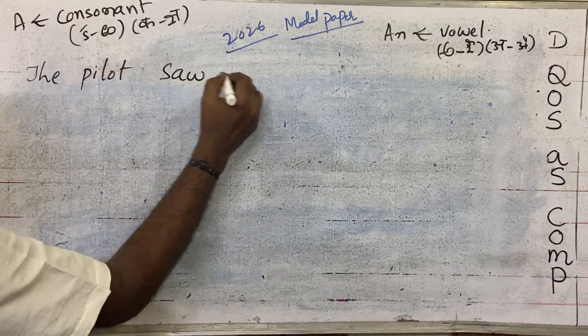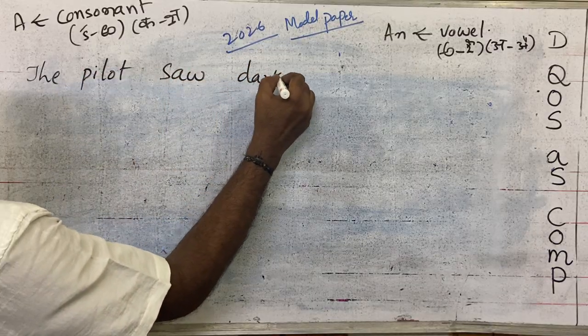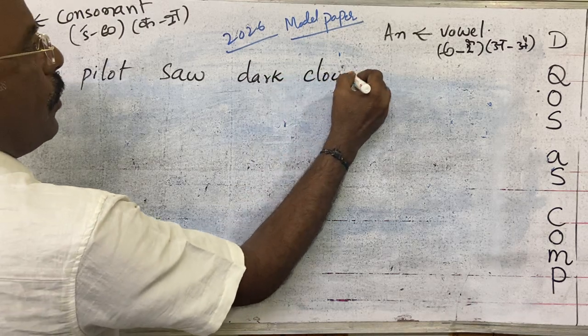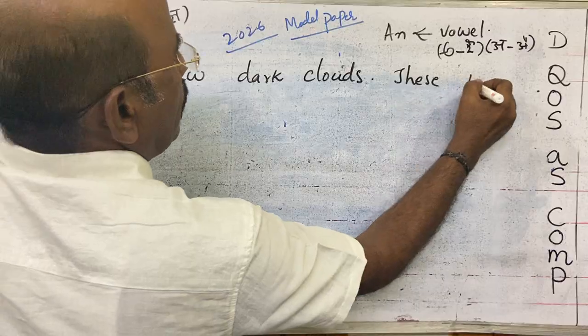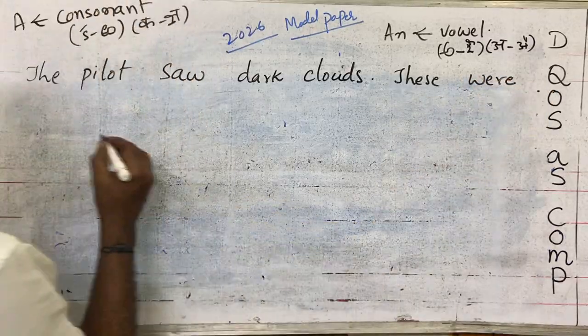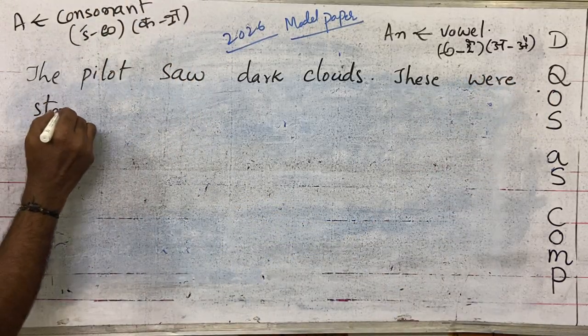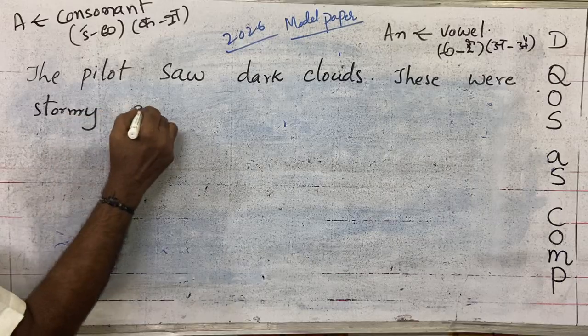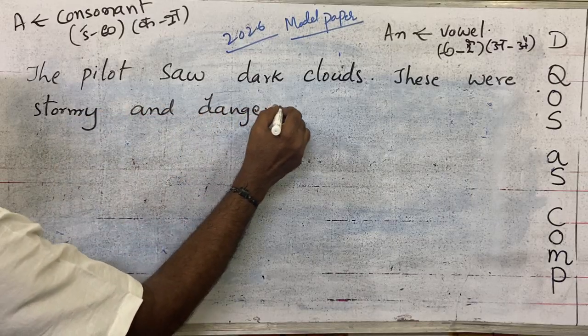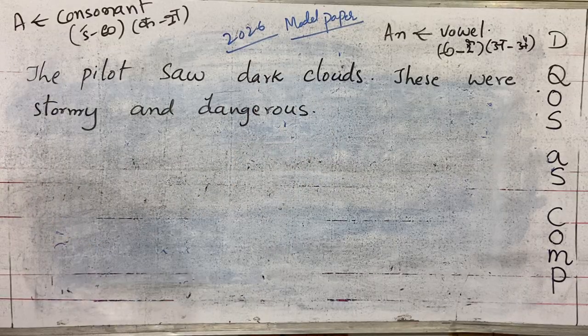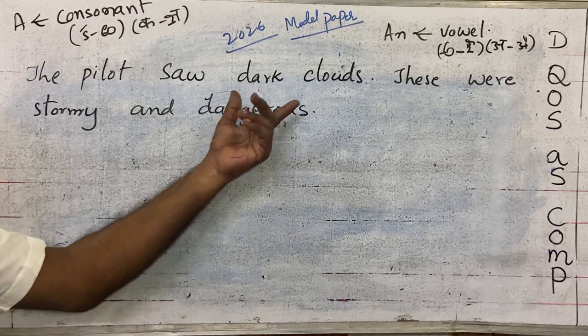The pilot saw dark clouds. These were stormy and dangerous. What is the noun here? The dark clouds.